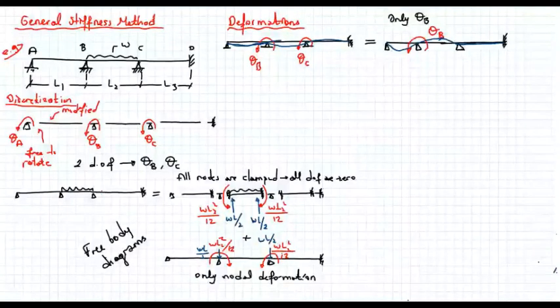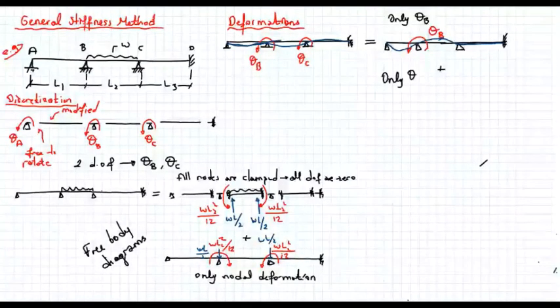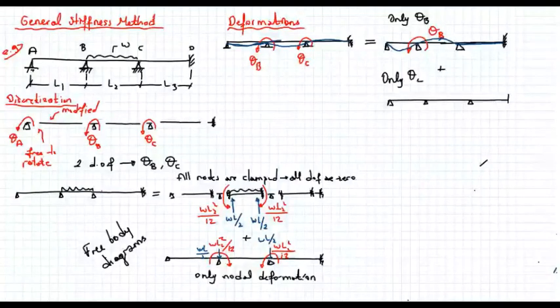So this is the case when we have only rotation at b, plus only rotation at c. So let's draw the structure one more time. So let's show the rotation at c. This is theta c.